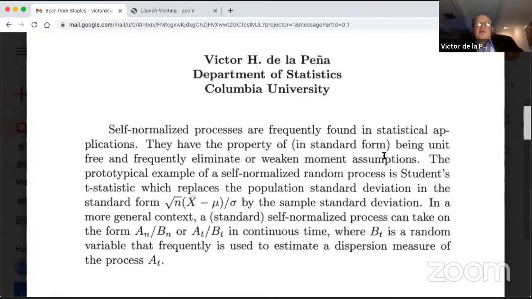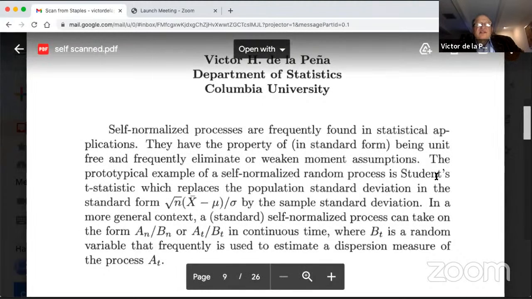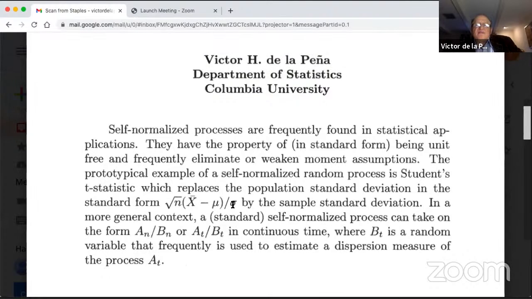Now, the prototypical example of a self-normalized random process is the student's t-statistic, which replaces the population standard deviation by the sample standard deviation.